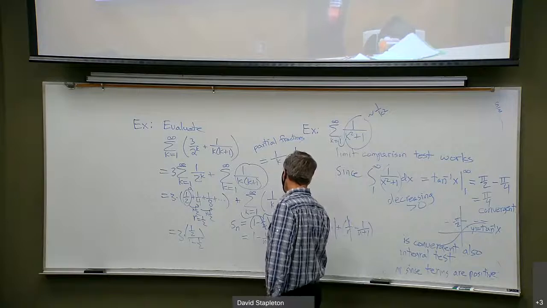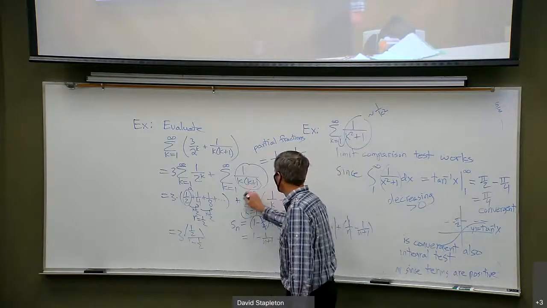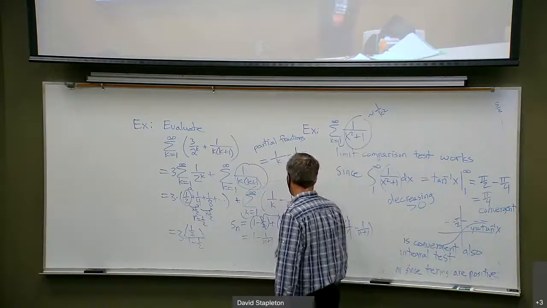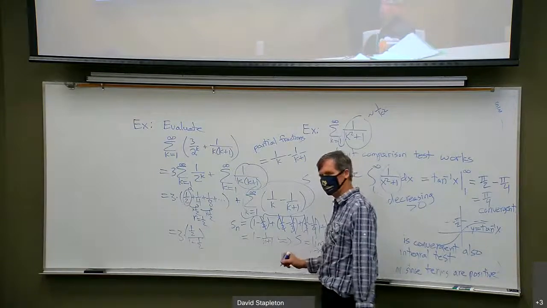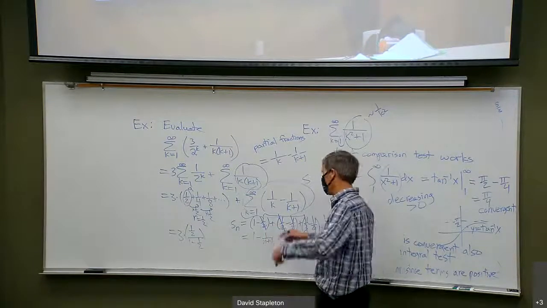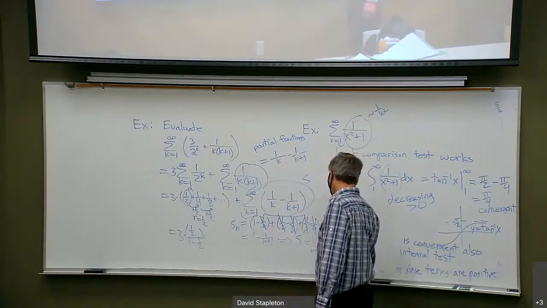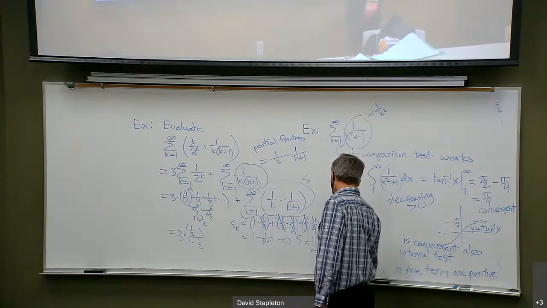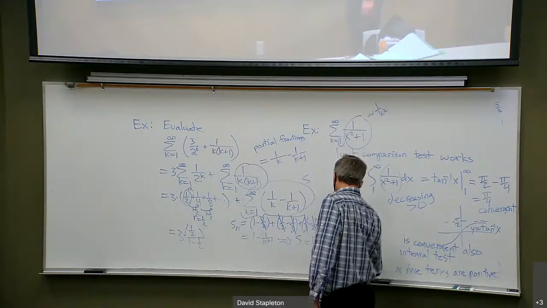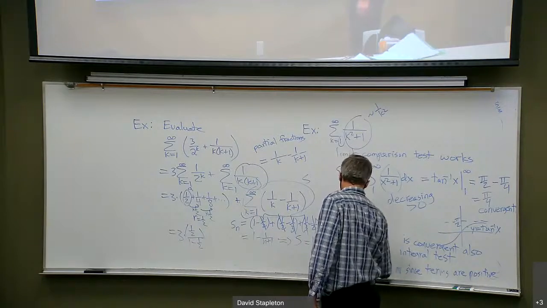The sum of this series, if I write S for the sum, is the limit as n goes to infinity of the nth partial sum. That's the way the sum of series are defined, right? So it's the limit of Sn, by definition. It's the limit as n goes to infinity of 1 minus 1 over n plus 1.